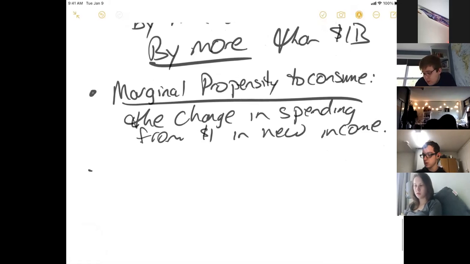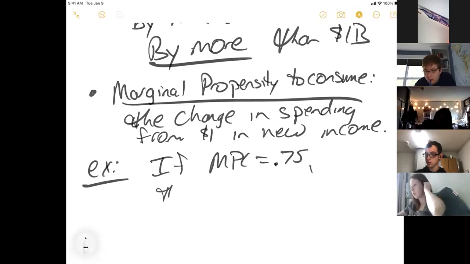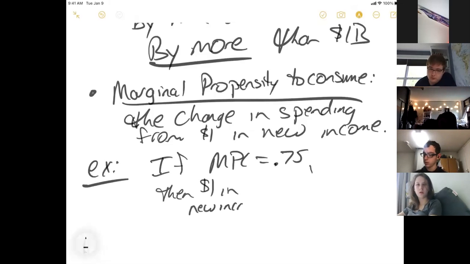So, for example, if your marginal propensity to consume is 0.75, and you're walking down the street and you find $1 in new income, how much of that dollar do you spend? 75 cents.